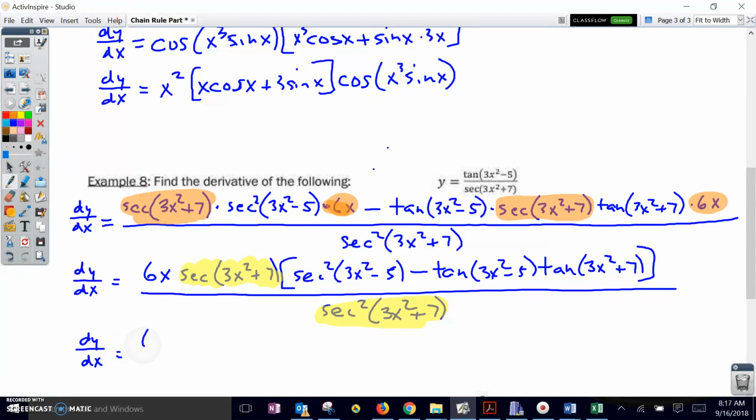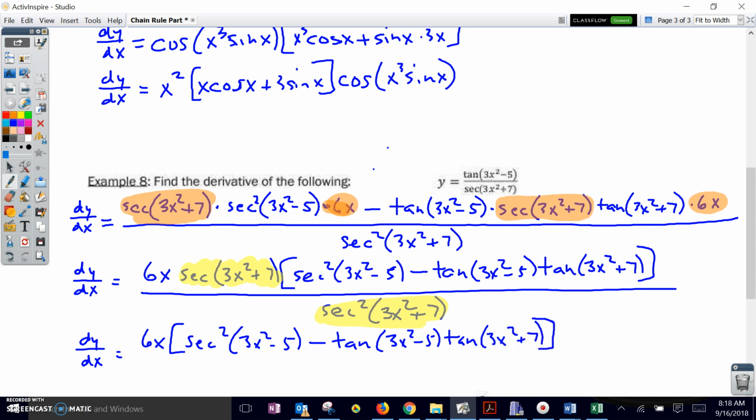And we end up with our final answer, which is 6x times the quantity secant squared of 3x squared minus 5 minus the tangent of 3x squared minus 5 tangent of 3x squared plus 7, all over secant of 3x squared plus 7. And that's the end for that one. That one did look a little ugly at the end.